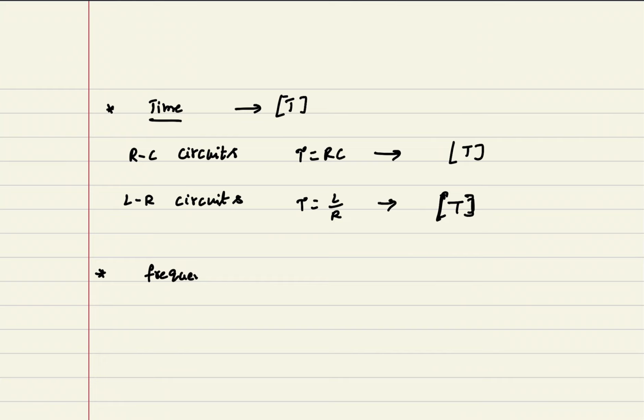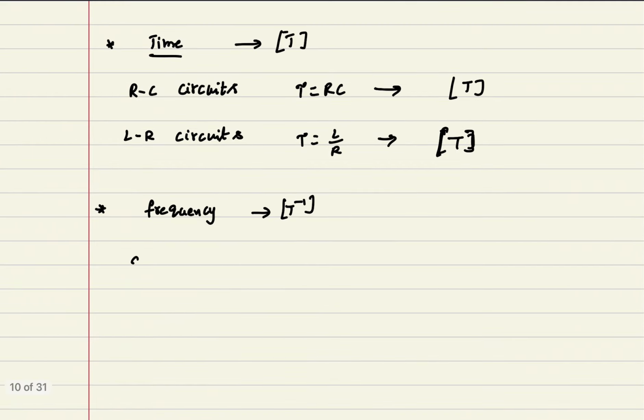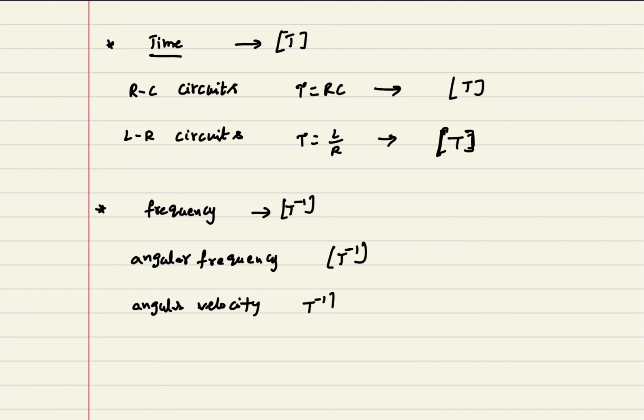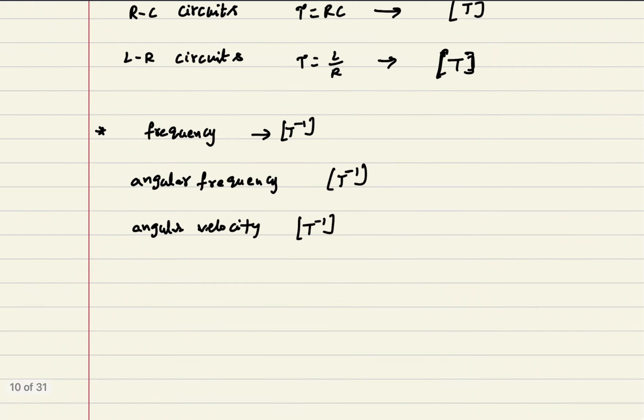Next one, frequency, having dimension t power minus 1. Here we can write angular frequency, t power minus 1 only. Angular velocity also, we can write t power minus 1 only as dimensions.